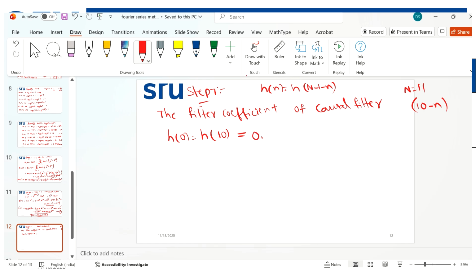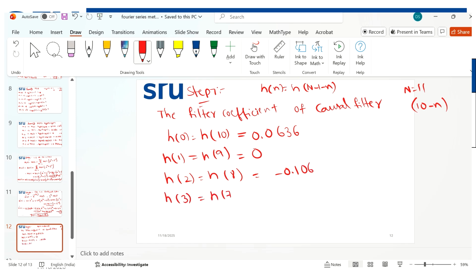Therefore the coefficient is 0.0636. If n equals 1, h(1) coefficient is equal to h(9) coefficient, that is equal to 0. Next h(2) coefficient is equal to h(8), that is equal to minus 0.106. If n equals 3, that coefficient is equal to h(7), that is again 0. n equals 4 is equal to n equals 6, 0.318. Again h(5) is equal to 0.5.